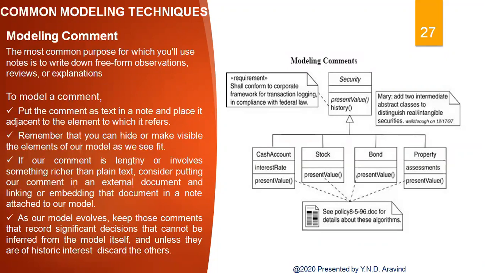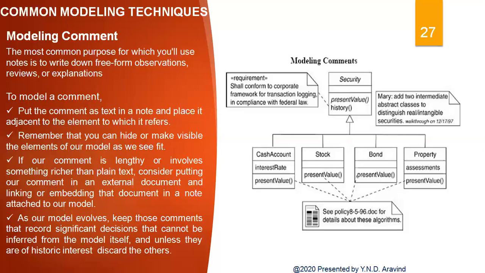We can even use notes to visualize the requirements and show how they tie exactly to the parts of our model. To model a comment, we put the comment as text in a note and place it adjacent to the elements to which it refers. Here we can show a more explicit relationship by connecting a note to its elements using a dependency relationship.